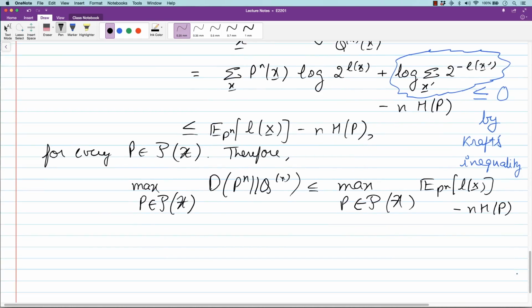Okay, and this is true. There is a Q like this, and therefore, if you put min over Q, it only can become smaller.